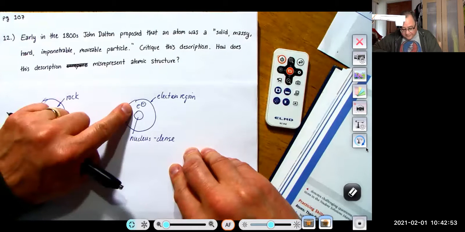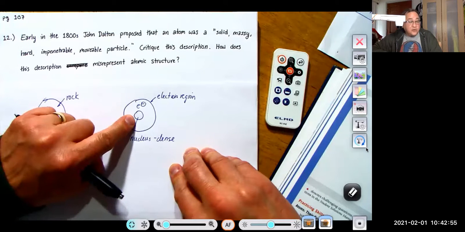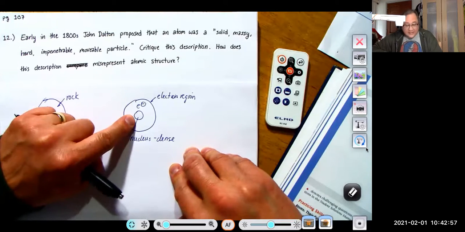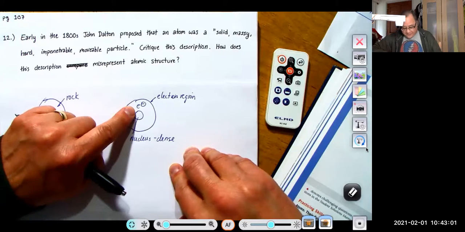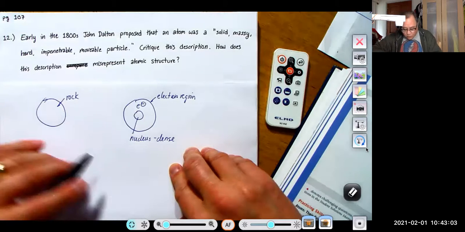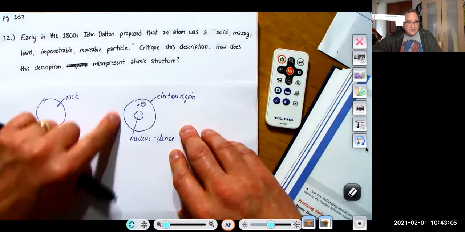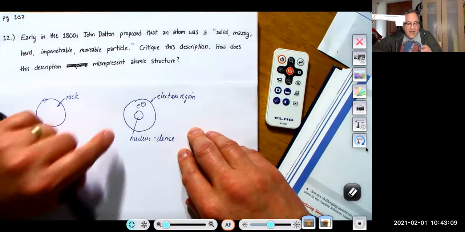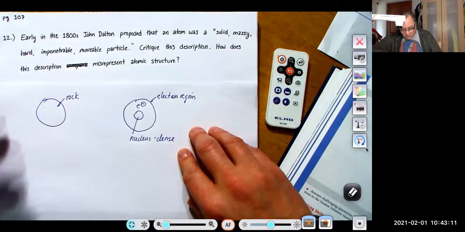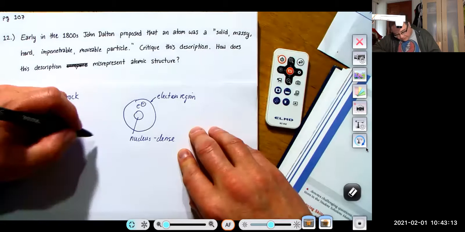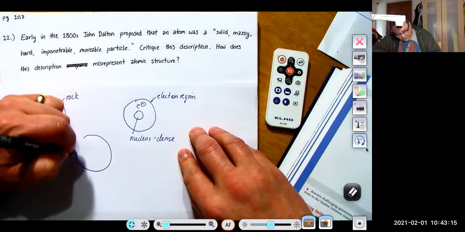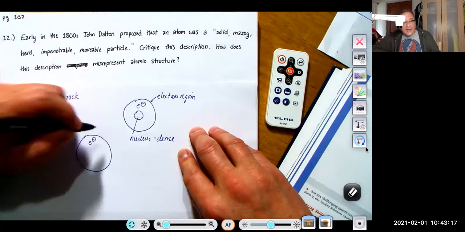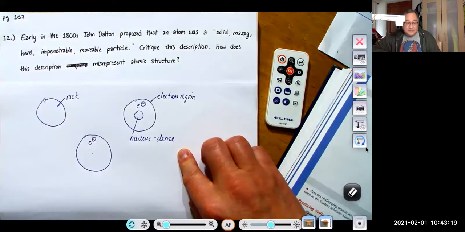And if you got 20 or 43 protons like technetium, you got 43 electrons around here. Now, this drawing that I have does a disservice to the actual atom. So if I wanted to draw an actual atom, I would do something like this. This is where the electrons are found. And that's the nucleus right there.